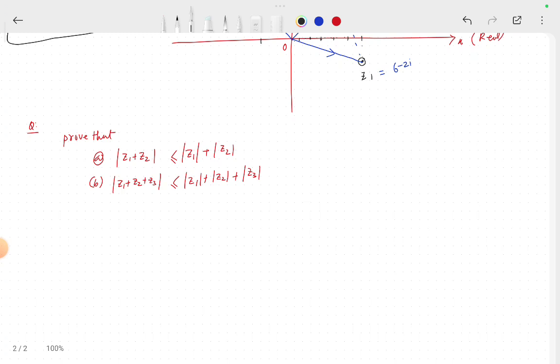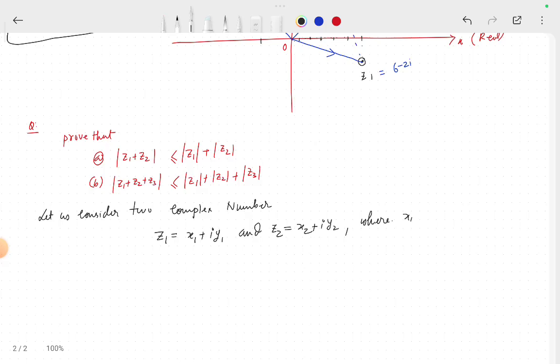So let us consider two complex numbers. We already know z1 equals x1 plus i y1 and z2 equals x2 plus i y2, where x1, y1, x2, y2 all belong to the real numbers.